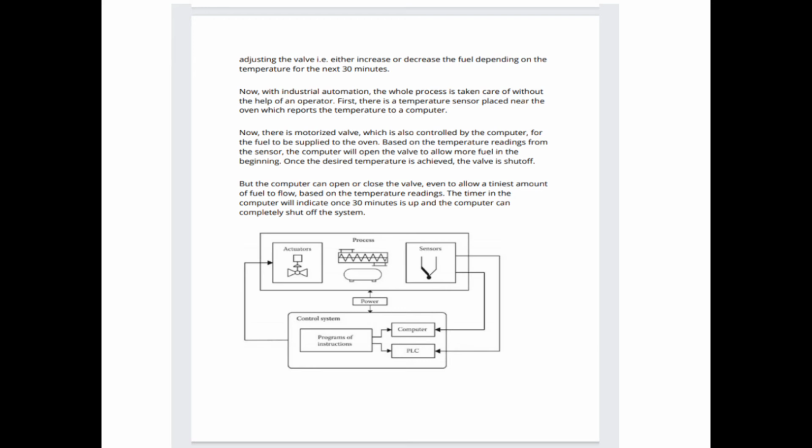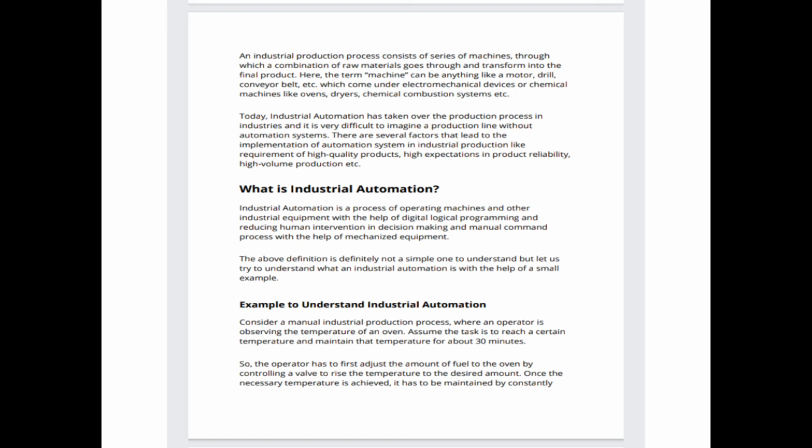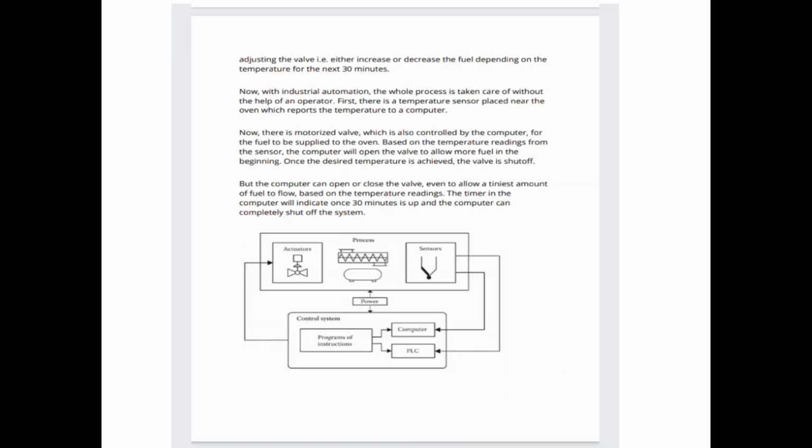Next is adjusting the valve, that is either increase or decrease the fuel depending on the temperature for the next 30 minutes. We see the operator has to first adjust the amount of fuel to the oven by controlling a valve to raise the temperature. Means we raise the temperature, then see the amount of fuel in the oven.